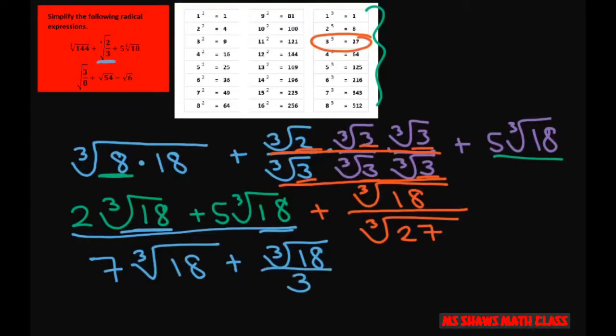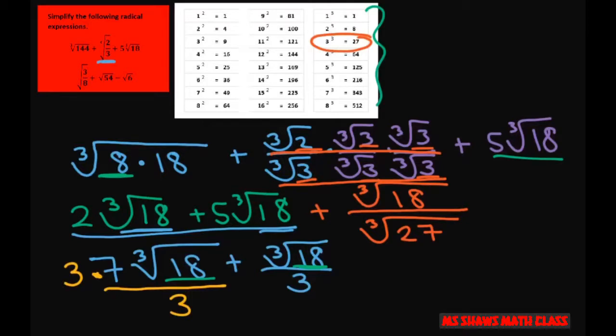Now your teacher's probably not going to want you to have it like this, even though these are like terms. She, or he, is probably going to want a common denominator of 3. So I want to have a 3 under here, so I'm going to multiply this by 3 as well.